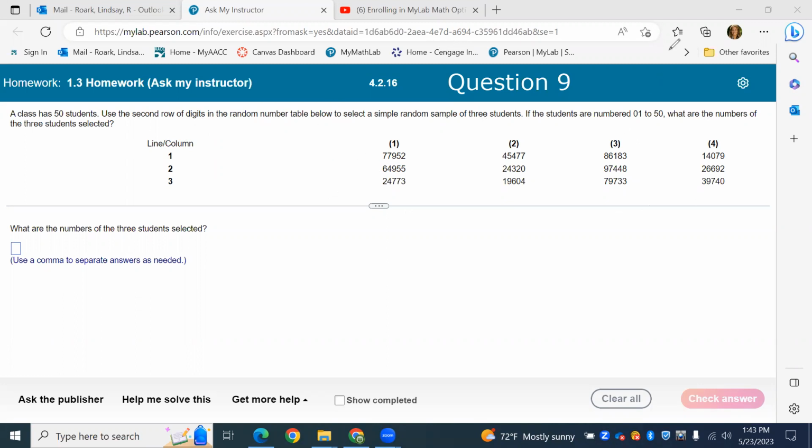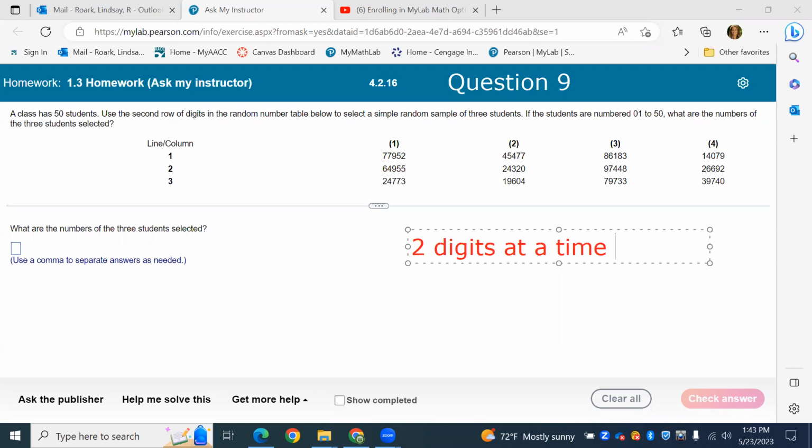And then what they want us to do is select the 3 numbers. The part that can be the most confusing is that if we're asked to find students between 01 to 50, that means because we're going up to 50, we need to look at 2 digits at a time. If it was just 1 to 9, we could just use a single digit.